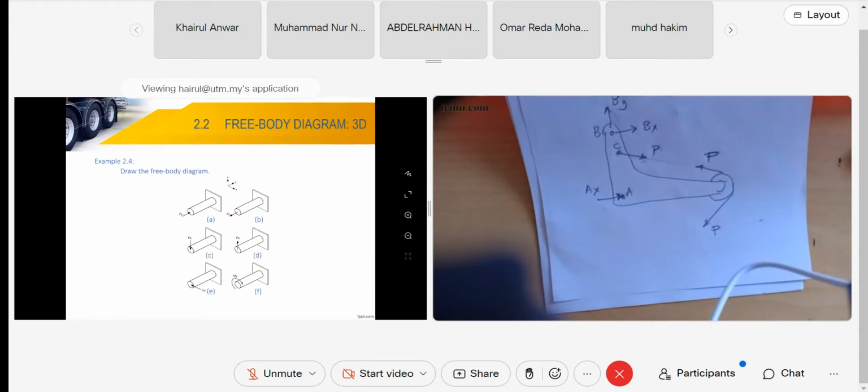Ni involve this kind of component. Draw the free body diagram for this member, A, B, C. Free body diagram means that this guy, point dia macam tu.